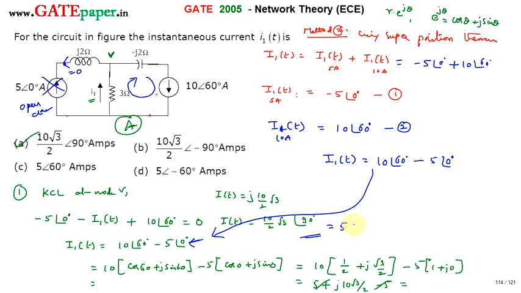You can write it as 5 root 3 of 90 degrees, but the answer is given in terms of 10 by 2 root 3. So the right option for this question is A, 10 by 2 root 3 of 90 degrees. Thank you.